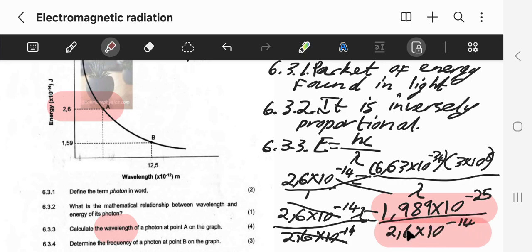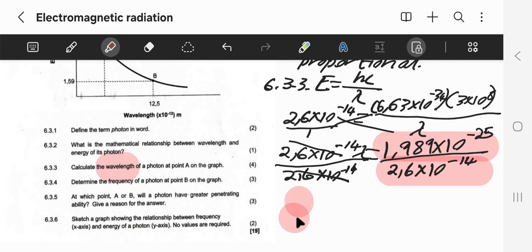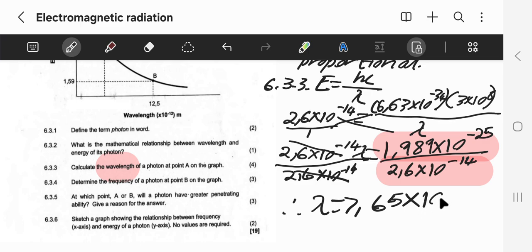So I'm going to say this divided by that on the calculator, and that means my wavelength is going to be equal to 7,65 times 10 to the power of negative 12. And what is the unit for wavelength? It's going to be meters, and that's how you answer that question.